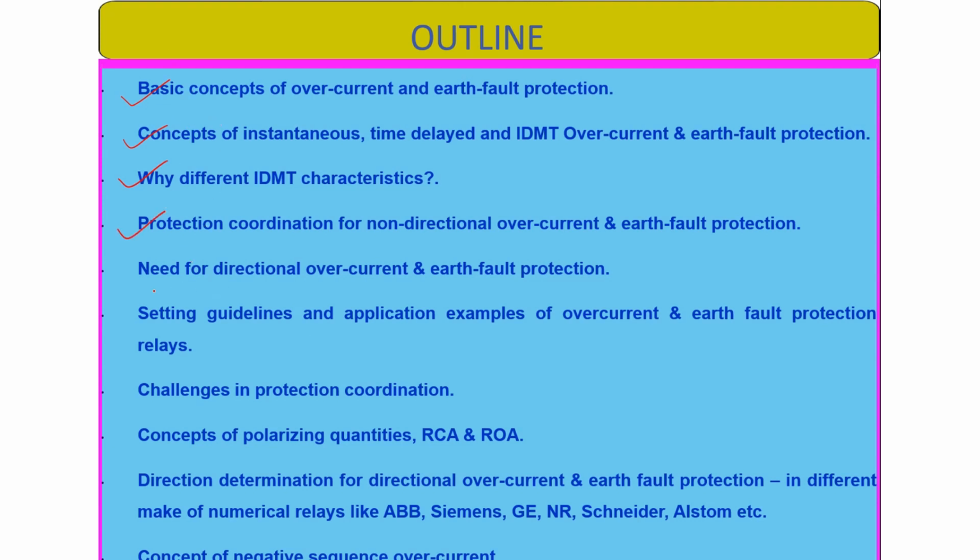In this session, we will discuss the need for directional overcurrent protection. Remember, we are not going to discuss how to determine the direction. That we will discuss somewhat later, maybe after 1 or 2 sessions, when we discuss the polarizing quantities, RCA, RO, etc. So now, without wasting any time, let us start with today's session.